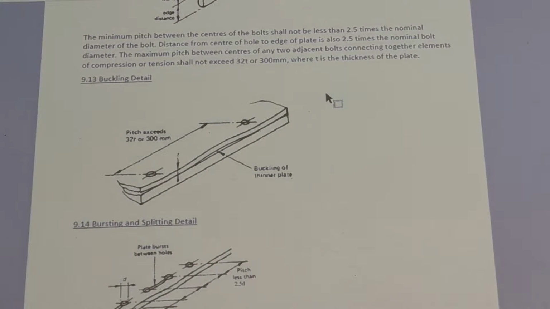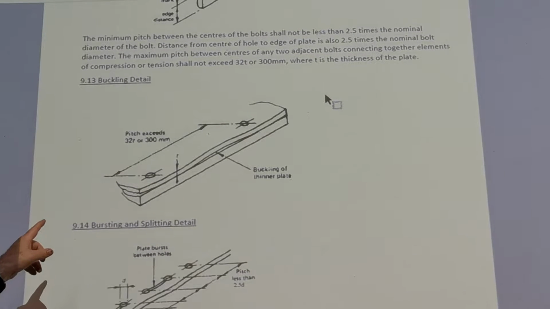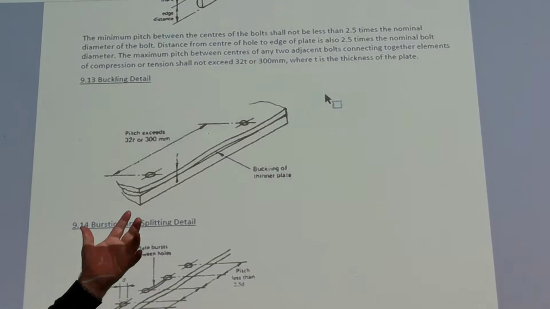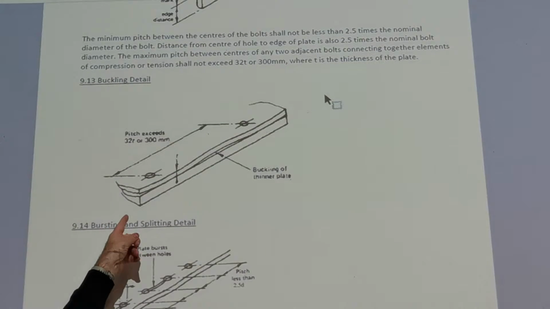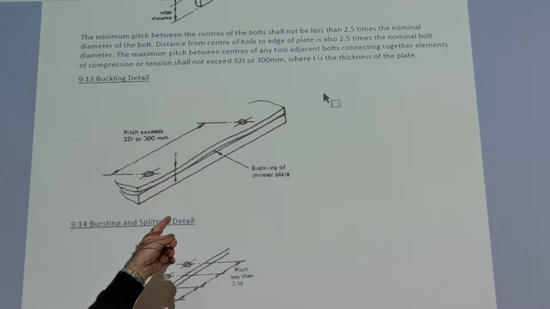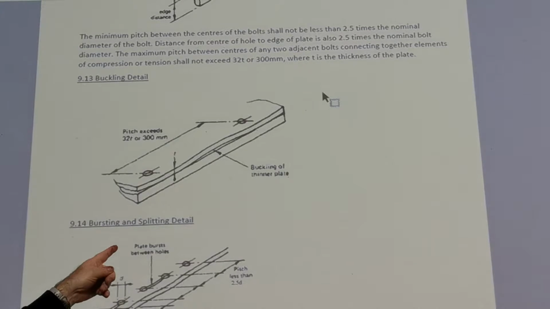If it is greater than that, you get buckling occurring. So when you're doing a plate design, the thickness of the plate is important. When we multiply 32 times the thickness, let's say it's a 10 mil plate, that's 320, which is bigger than 300. So therefore, 300 becomes our maximum. If it's over that, we run the risk of buckling.